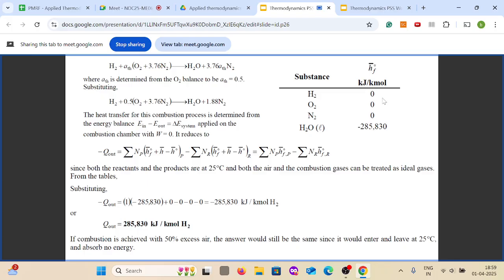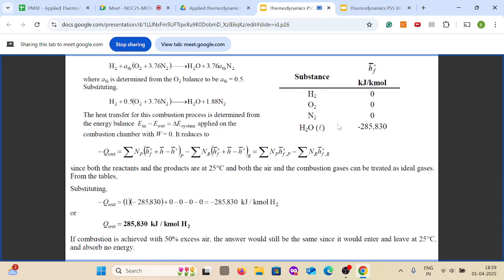So the enthalpy of formation for hydrogen, oxygen, nitrogen, being stable molecules, will be 0. So that's listed, and enthalpy of formation of water as liquid is minus 285830. So substituting the values, Q will be nothing but the number of moles of water into enthalpy of formation of water.